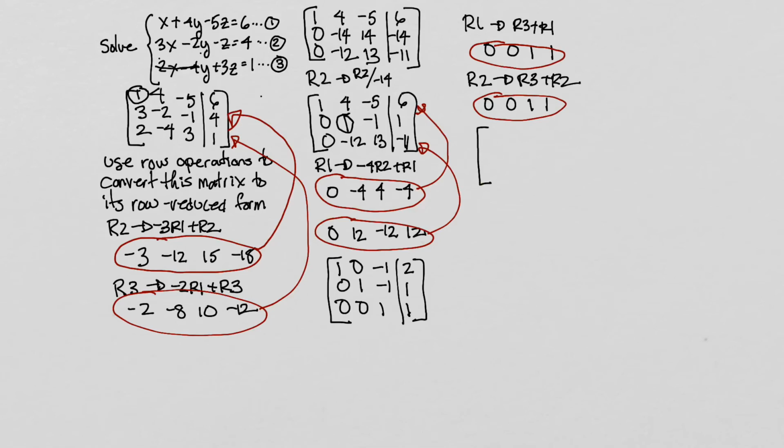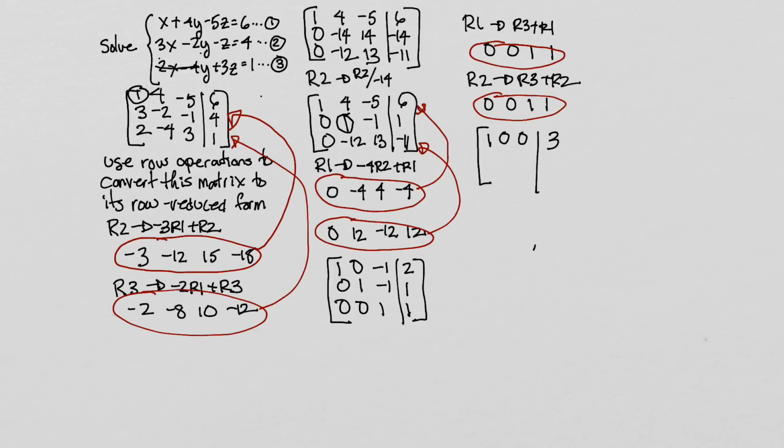So what we're going to get here is this row 1 here, these numbers added to these numbers up here. So we're going to get 1 and 0 is 1, 0 and 0 is 0, 1 and negative 1 is 0, our vertical line, and 1 and 2 is a 3.